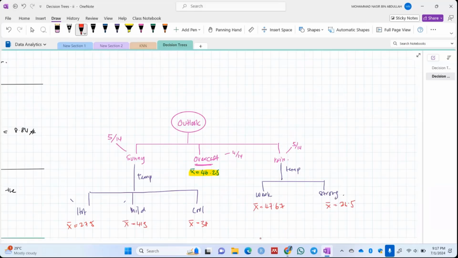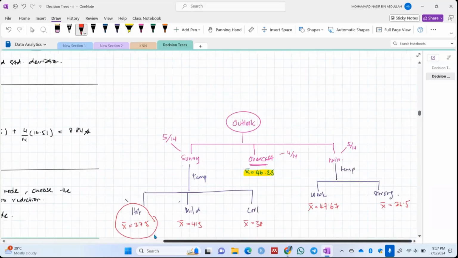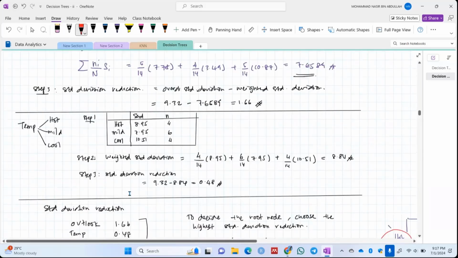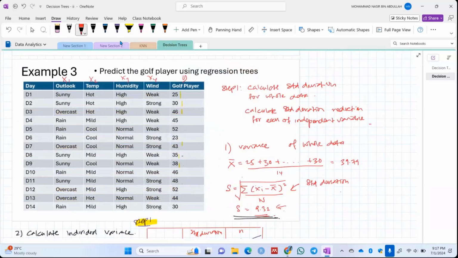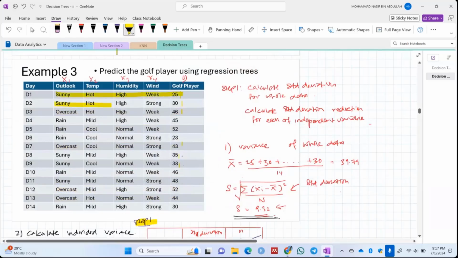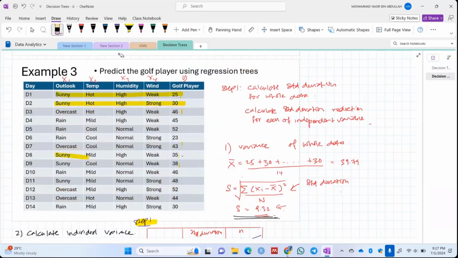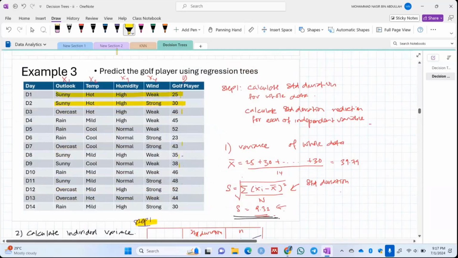For example, 27.5 here, sunny and hot. We go to our data, look at sunny. We have 5 observations, but we look at sunny and hot, so we have only 2 observations.